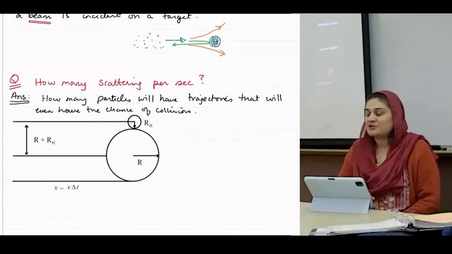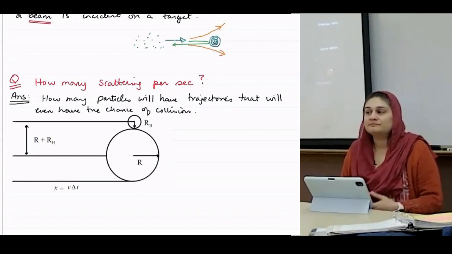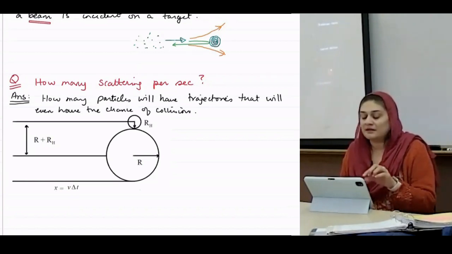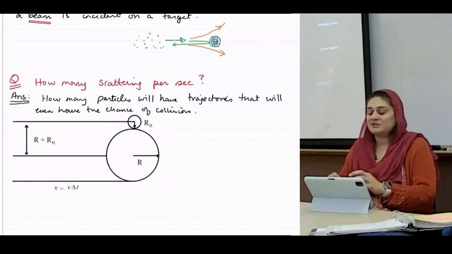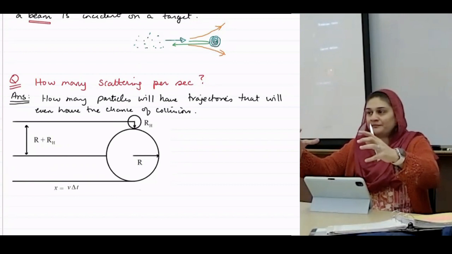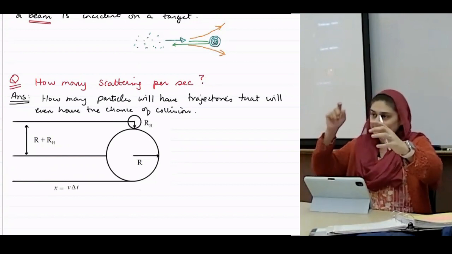So look at this picture. Imagine these are both neutral particles. What trajectory do you think that the incident particle has? And imagine this big particle is at rest. So you just have a big football and you're throwing golf balls at it.